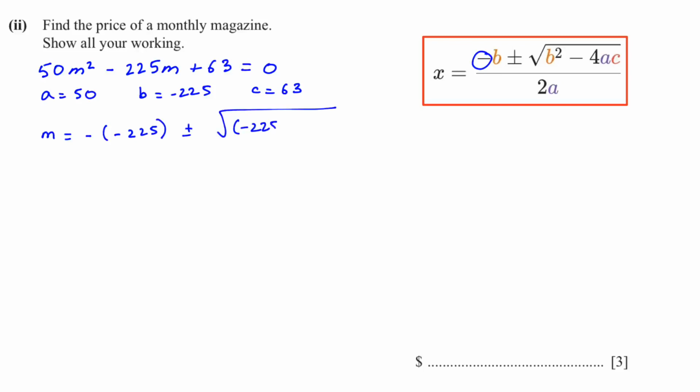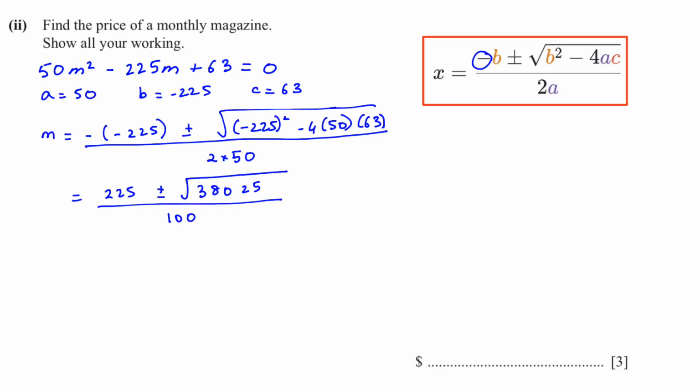Negative 225 square, put a bracket whenever you square. 50 over 63 divided by 2 multiplied by 50. This is what we will get.